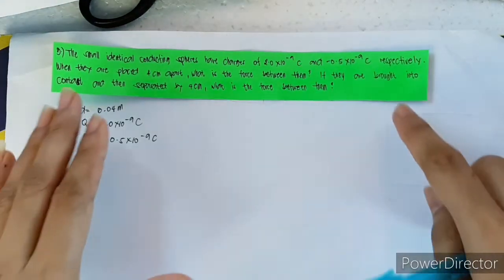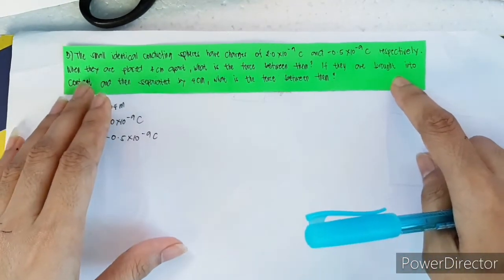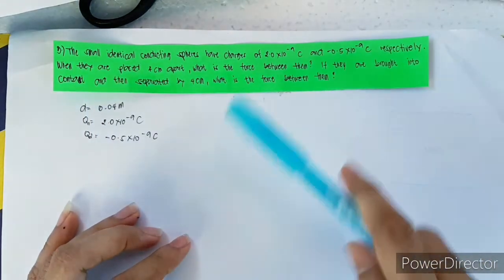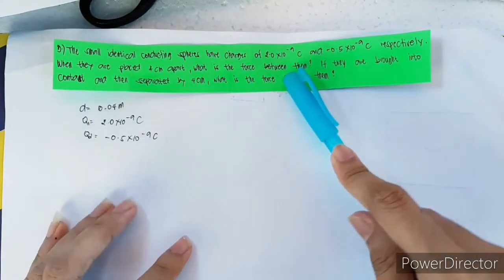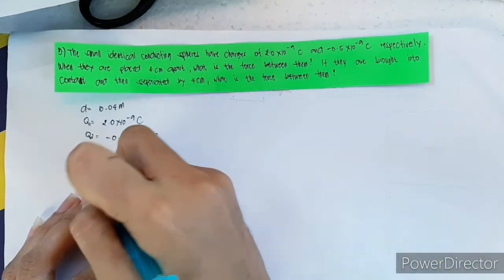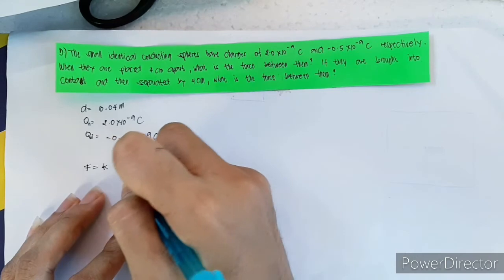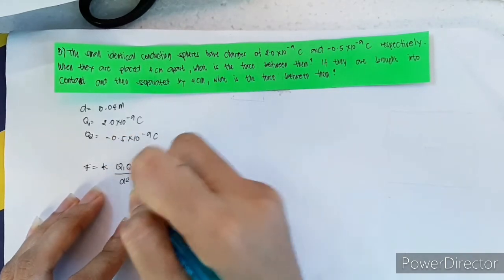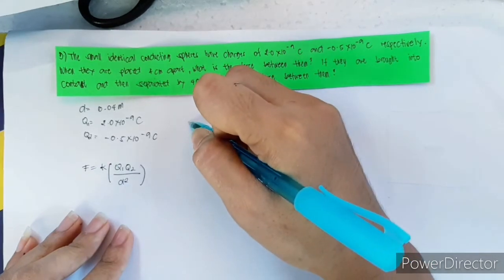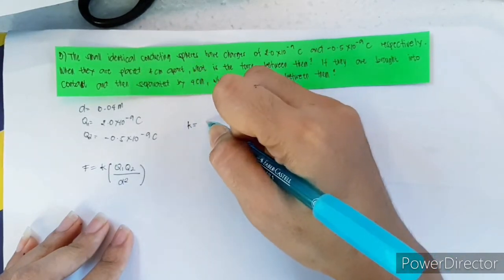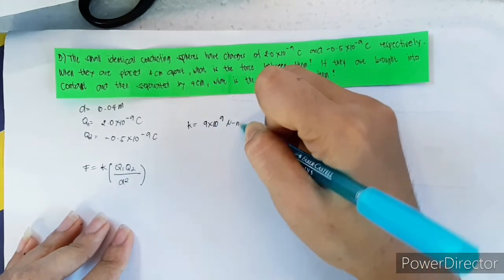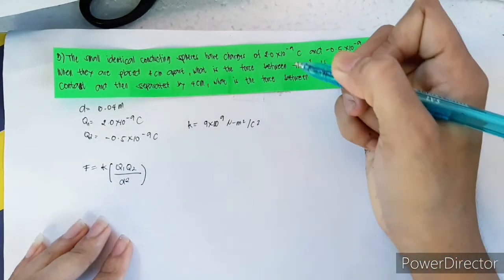So for the first unknown, when they are placed 4 cm apart, what is the force between them? We will be able to calculate that force using the formula for Coulomb's law. So F is equal to K, Q1 times Q2 over the square of the distance. We all know that the constant value of K is 9 times 10 to the power of 9 Newton meter squared per coulomb squared.